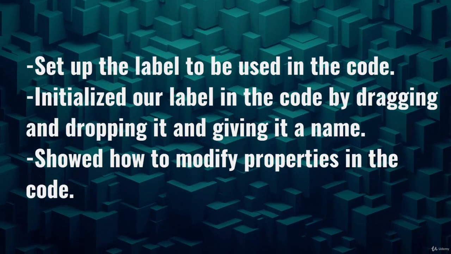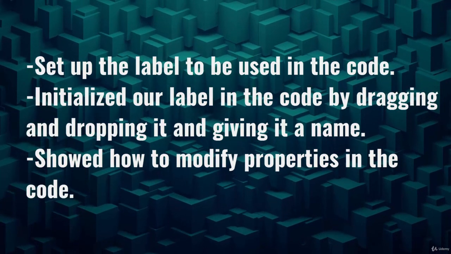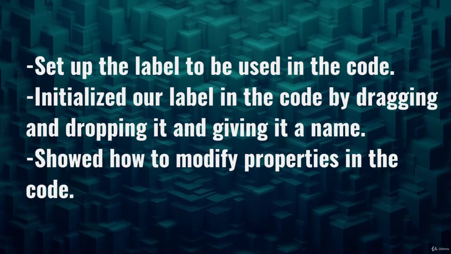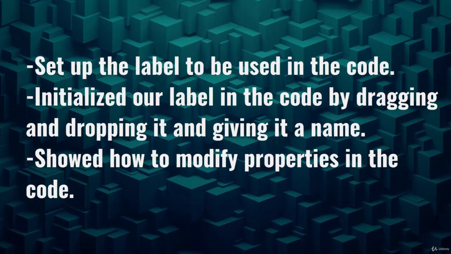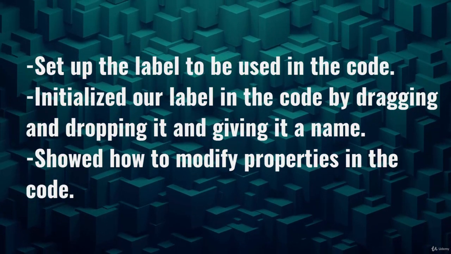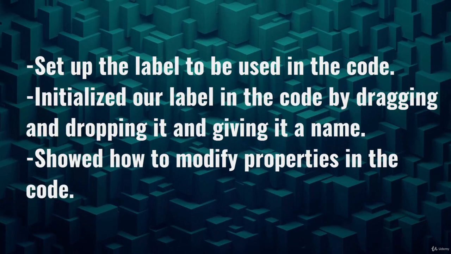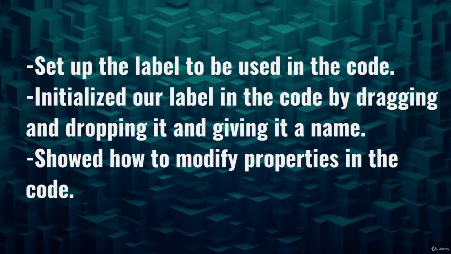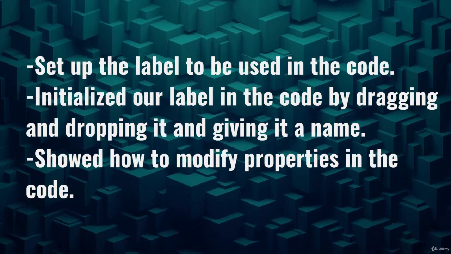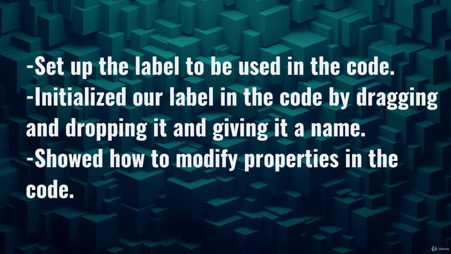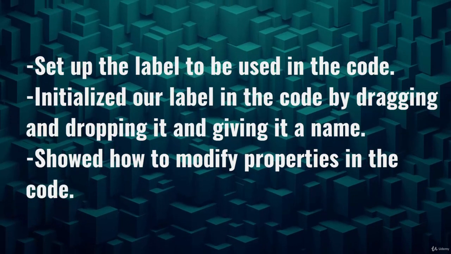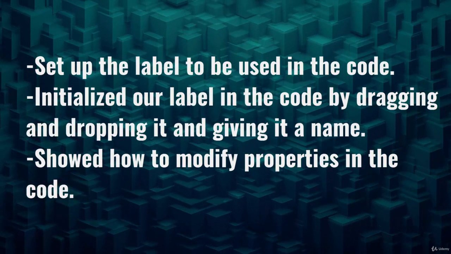And so that basically just initializes a label to contain that name and also unwraps it. So this then allows us to modify the properties directly in the code by calling the name of our label, which we said was LBL label. And then if we call the LBL label dot, it shows you that big drop down list of properties that we can modify. Okay, so this part coming up, we are going to look at some of the properties that you can modify, such as the text properties.